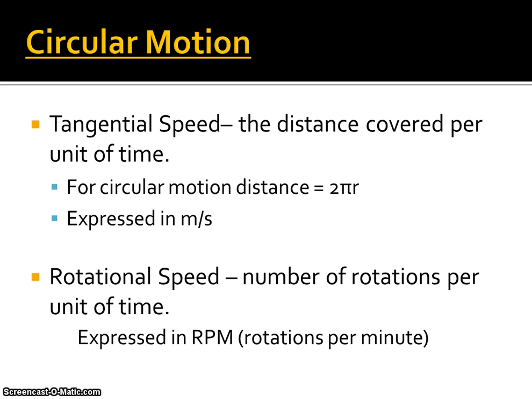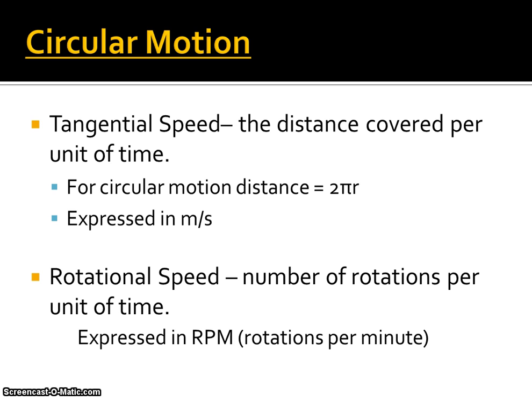So some of you folks out there might be fairly athletic, and you may have run around a track once or twice. So let's see if we can use that example to compare tangential speed and rotational speed. If you're running around a track, your tangential speed would be to measure the distance that you ran and divide that by the amount of time that it took.